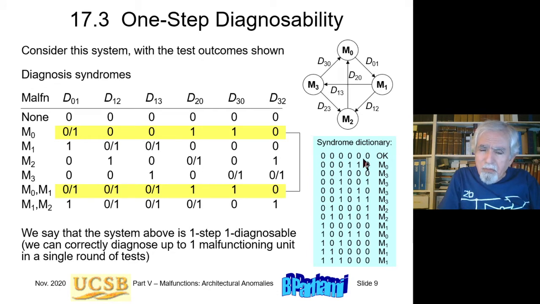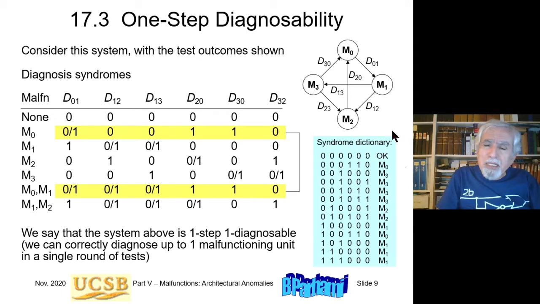The syndrome of all zeros corresponds to OK. This has two syndromes, 0,0,0,1,1,0 and 1,0,0,1,1,0. The first means M0 is malfunctioning, and the second also means M0 is malfunctioning.